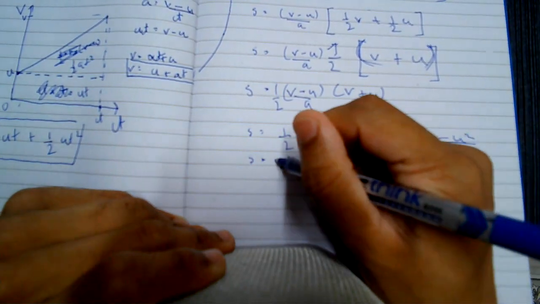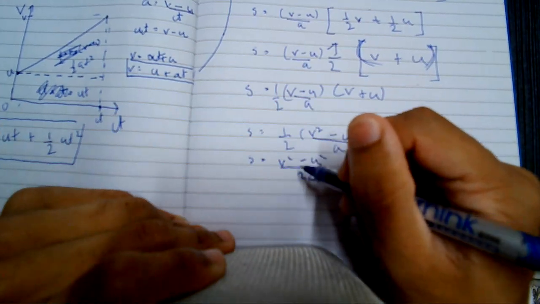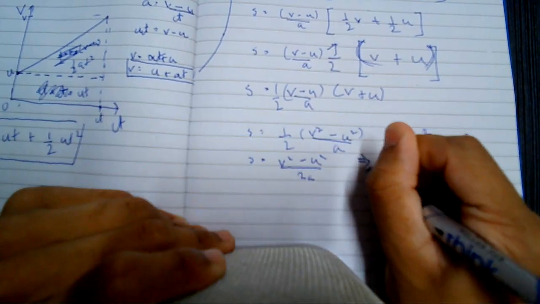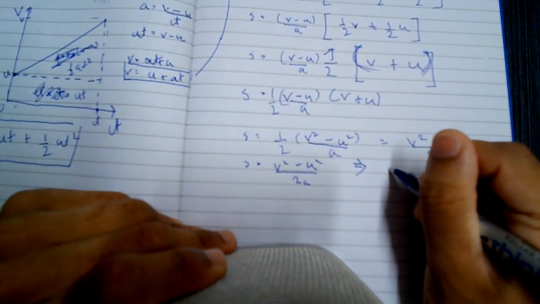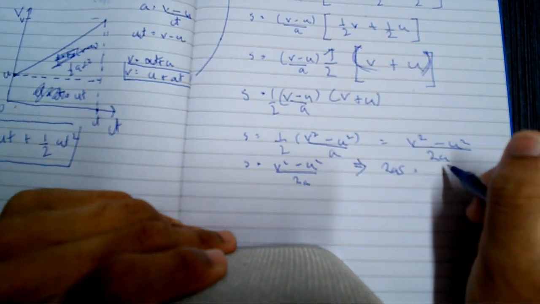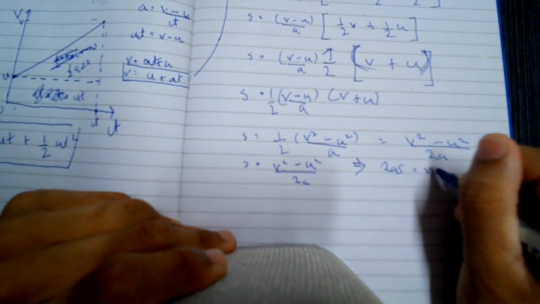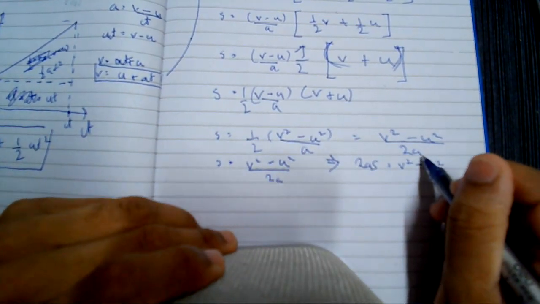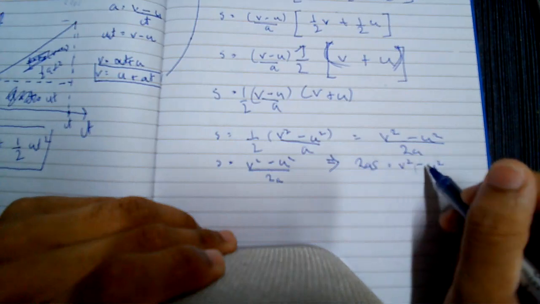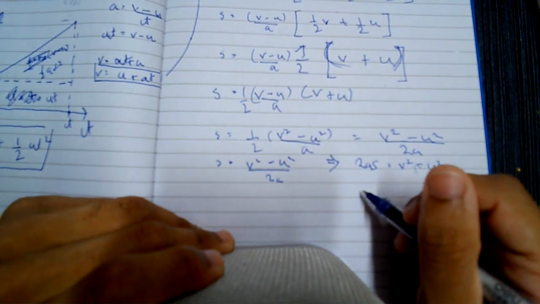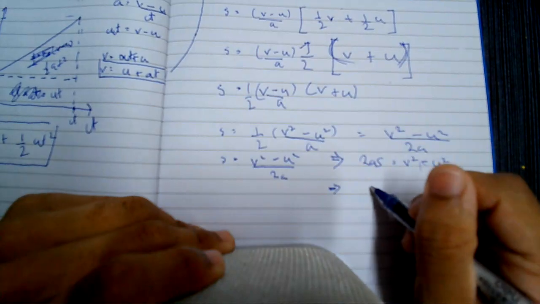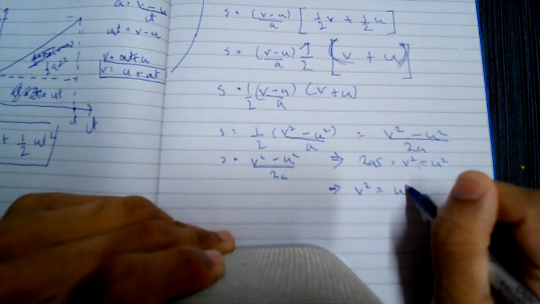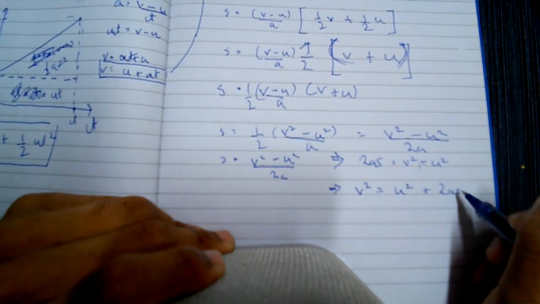If I bring this 2a to the left-hand side, because this is division, it's going to be multiplication. So this becomes 2as is equal to v squared minus u squared, correct? And if I bring this u squared to the left-hand side, this subtraction becomes addition. So essentially it becomes v squared is equal to u squared plus 2as.